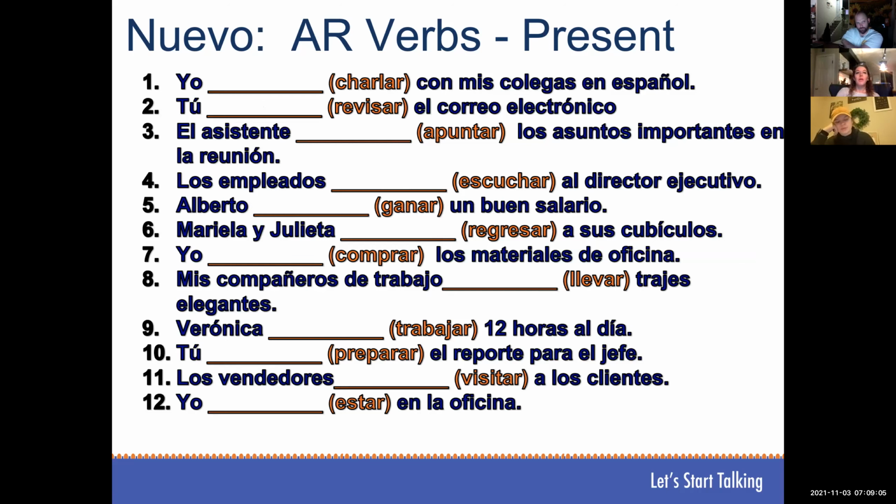Uno, Sky. Yo charlo con mis colegas en español. Tú revisas el correo electrónico. El asistente apunta los asuntos importantes en la reunión.